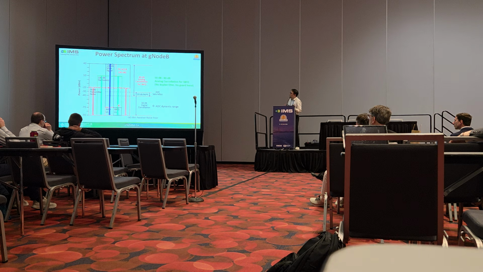So let's see the power spectrum at the gNodeB side. In case we are transmitting 40 dBm at the transmitter at the base station, our noise floor is going to be like minus 90 dBm.